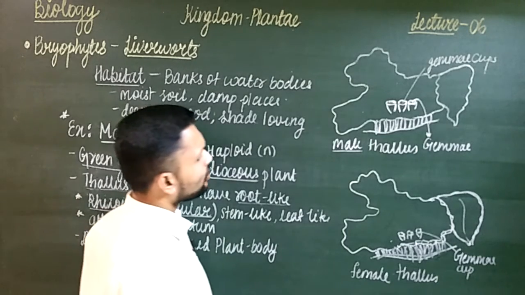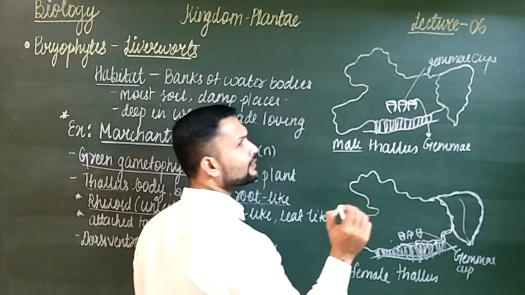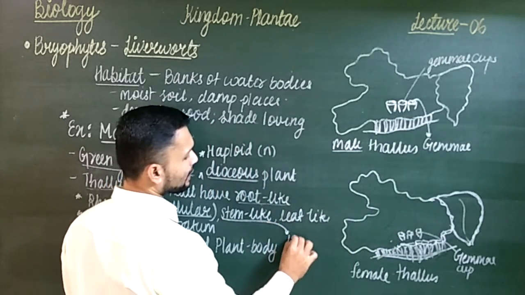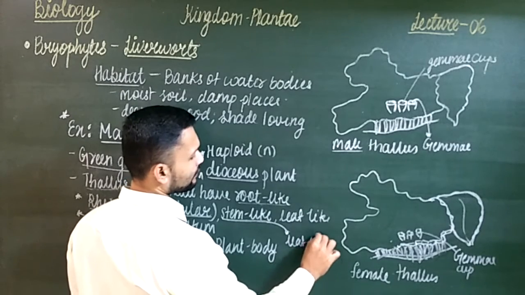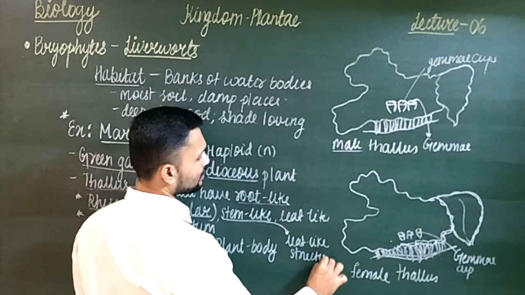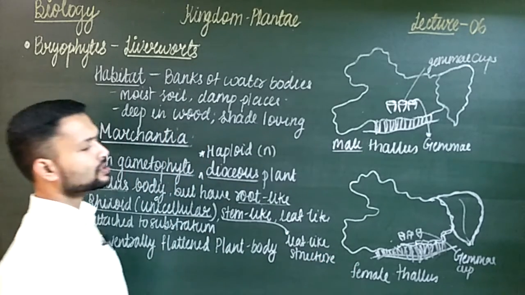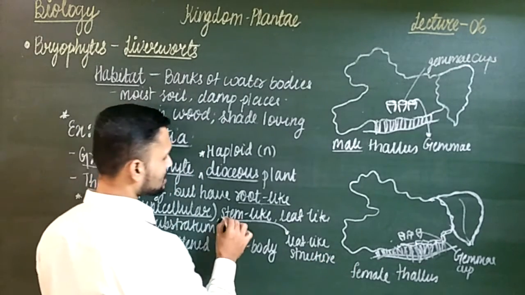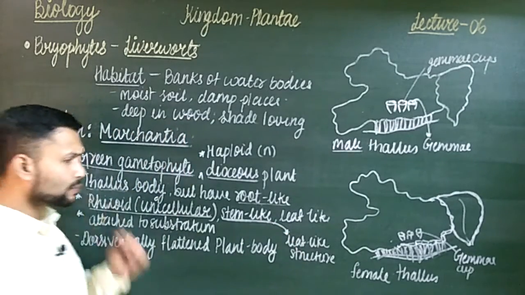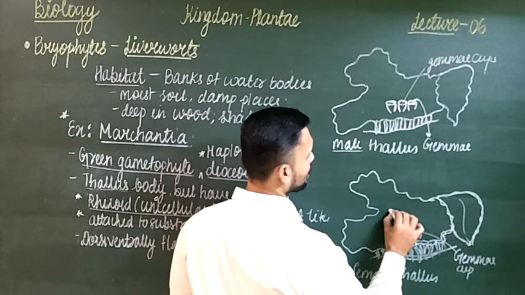One more thing, the stem-like structure also bears small leaf-like structures. So the stem-like structure bears small leaf-like structures attached to it. And suppose this is the archegoniophore, which I will be drawing shortly.